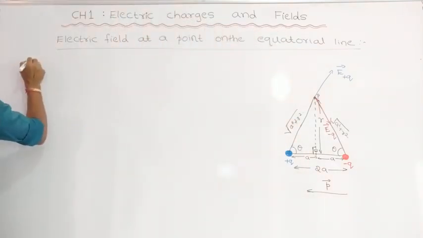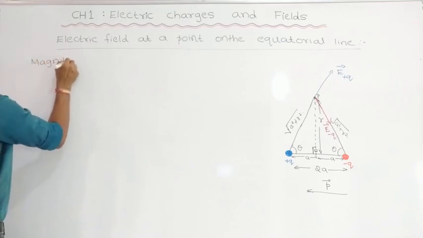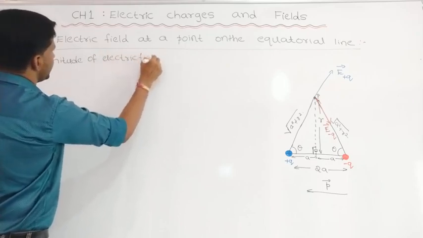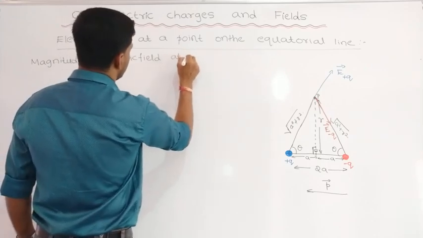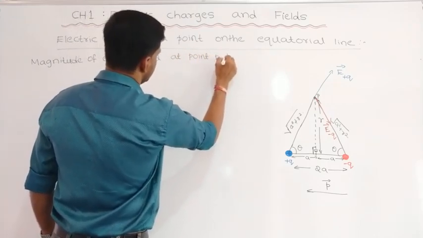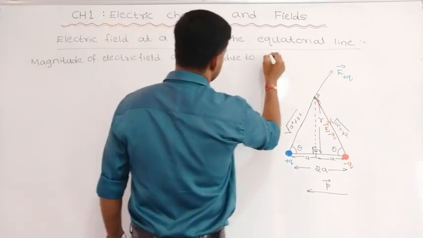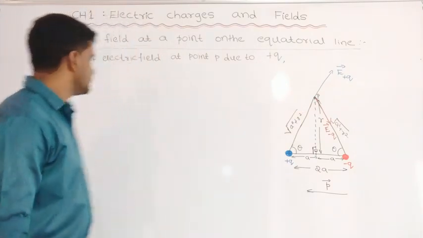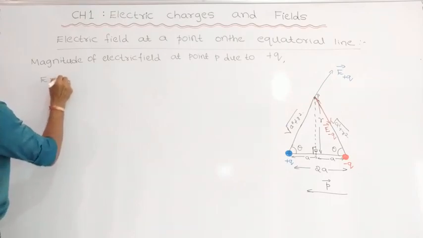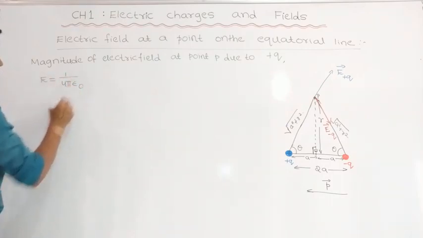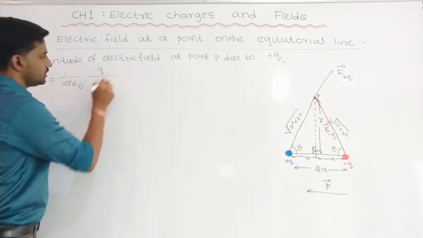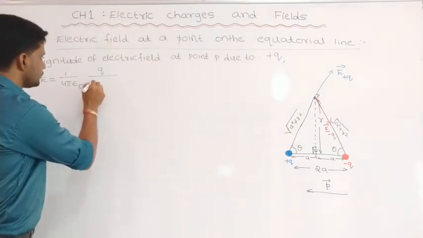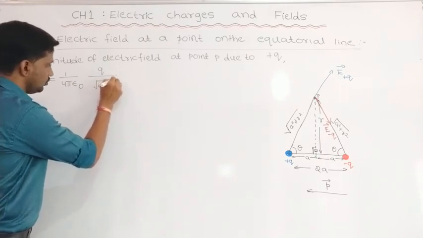First, the magnitude of electric field at point P due to the positive charge can be written as E is equal to 1 by 4 pi epsilon naught Q divided by the distance from plus Q to point P, that is the square root of A square plus R square, whole square.